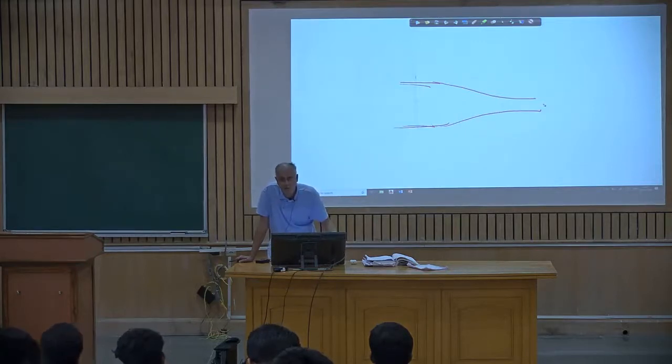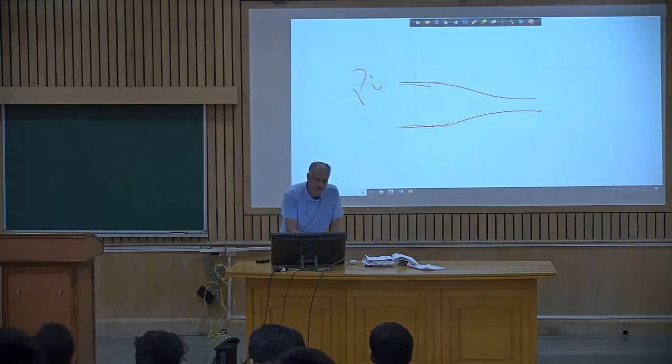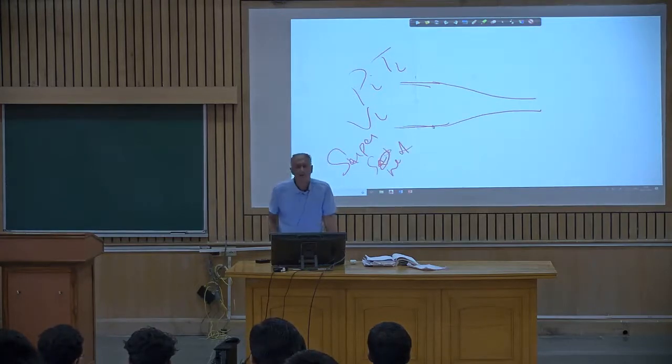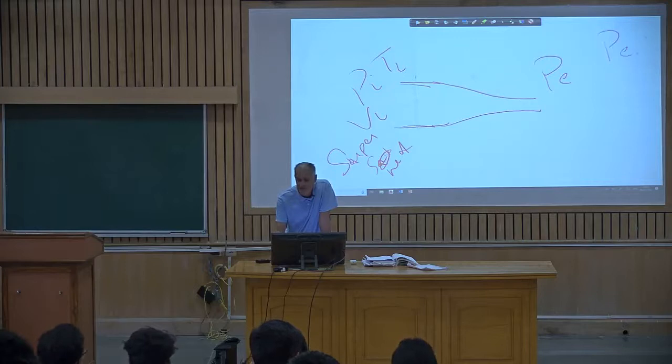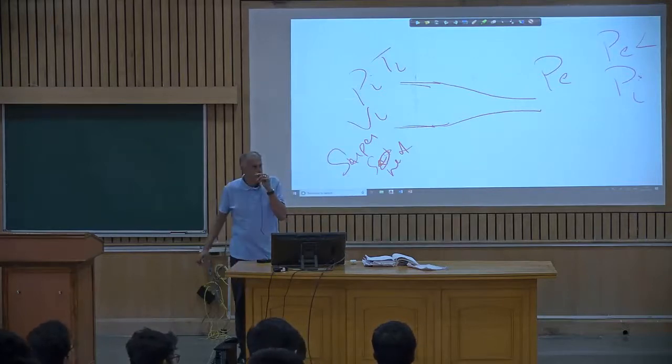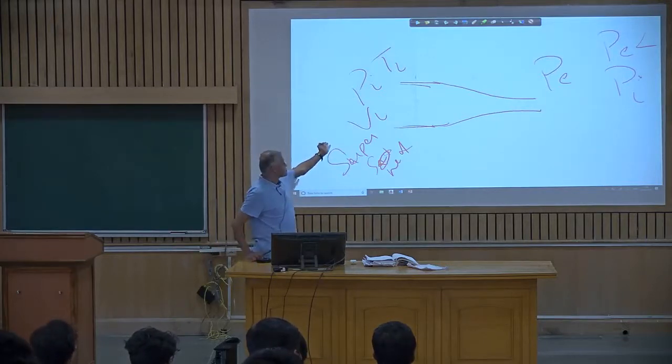So it's coming at some pressure inlet, some temperature inlet, and some velocity inlet, and it's in the superheated vapor state. I'll say P exit is less than, what could have happened? Obviously, it's here to here.